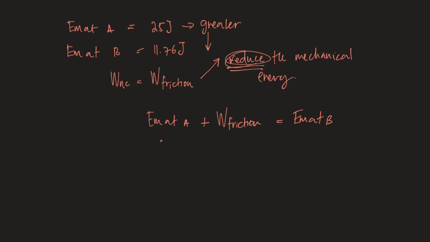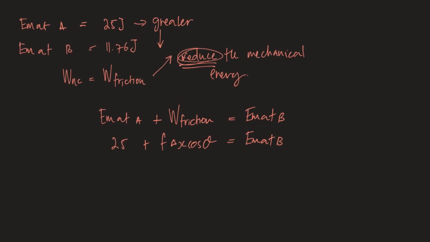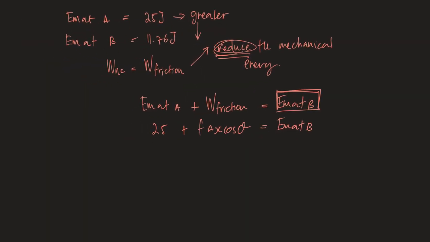So what I would have said is 25 plus F delta X cos theta is equal to my mechanical energy at point B. So what we're looking at here is we need to find if the mechanical energy at point B is enough even if I've got friction. So now I've got 25 plus 4 times 3 cos 180 is equal to the mechanical energy at point B.